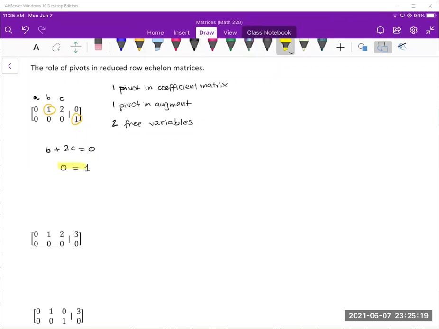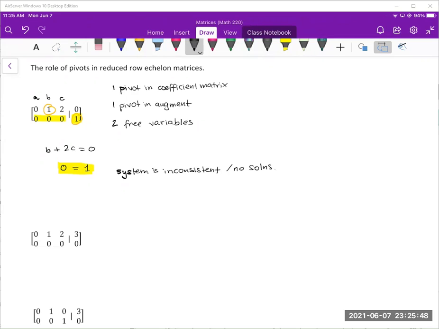All right, this line, which corresponds to having all zeros to the left of the augment and something non-zero to the right, means that our system is going to be inconsistent, so it has no solutions. Okay, and this is based on what our augment is.